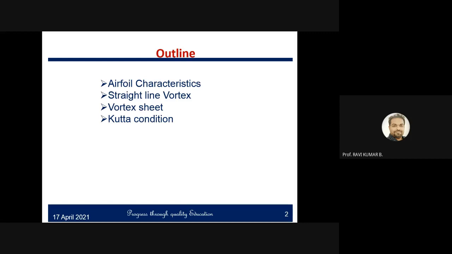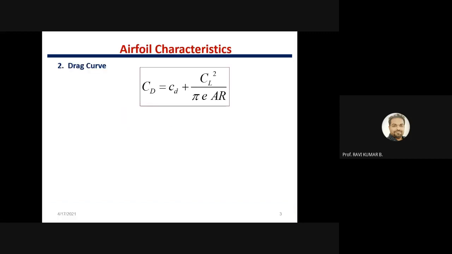Or you can say when your Mach number is approaching one, or going beyond that, there is a formation of shock wave also, right? And due to shock waves there will be some drag that is called wave drag. So if you add everything, that will give the total drag. So drag is the penalty that we pay for generating the lift on an airfoil or over a wing.